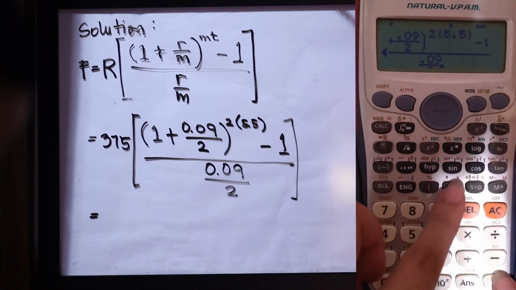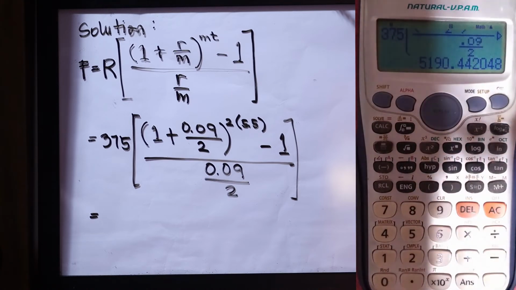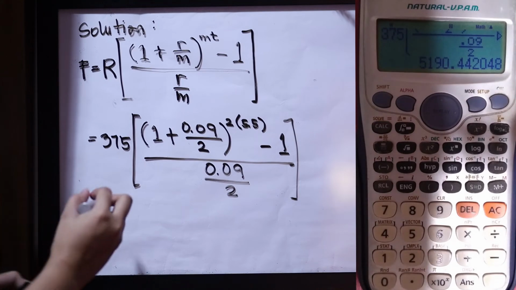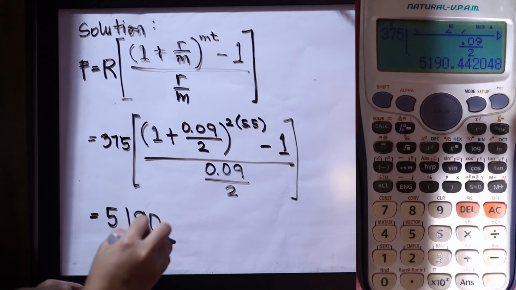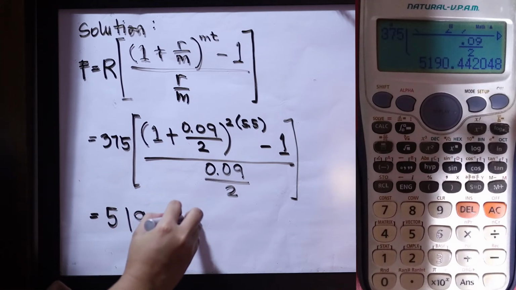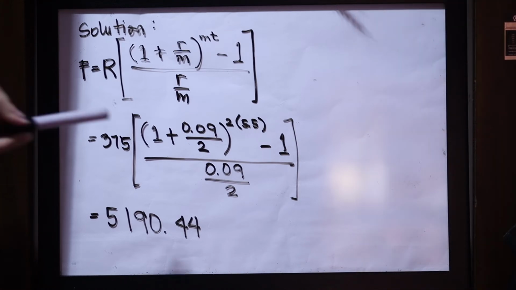Tapos rightmost, then close, and then equal sign. So, the answer is 5,190.44. Next. So, pagka direct computation, the answer is 5,190.44.